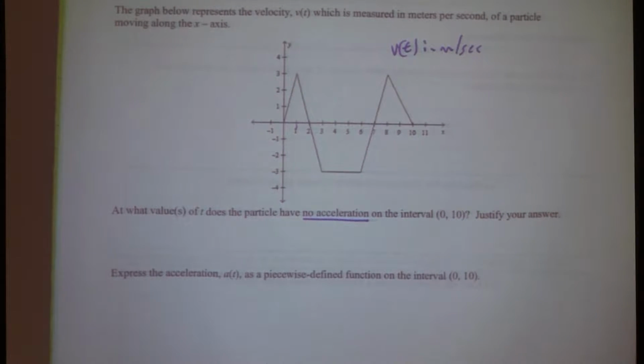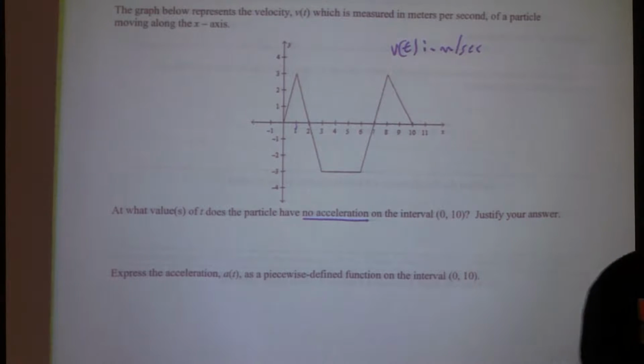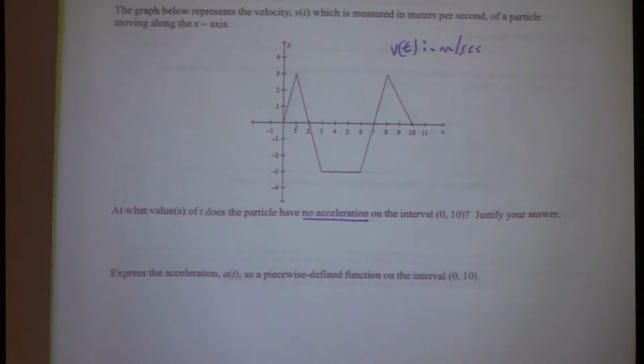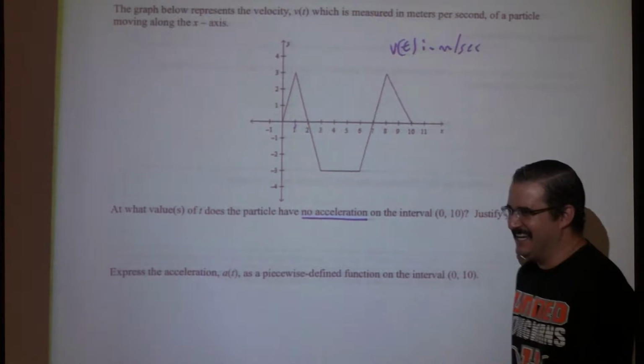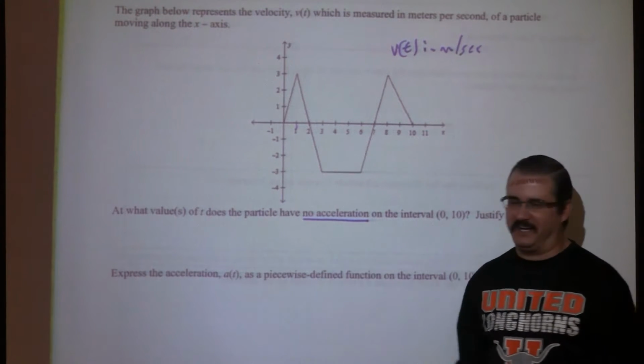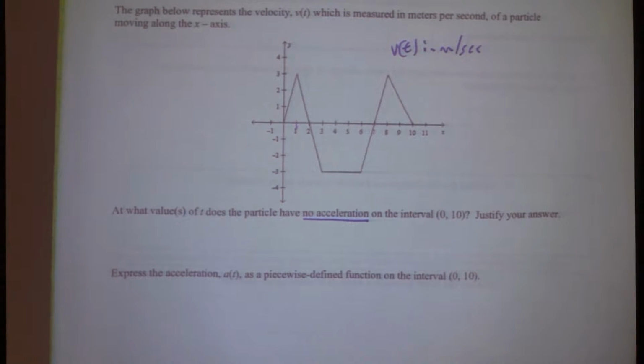But like, does the IVT guarantee a value? Has to? Momentarily? It just says has no acceleration. It didn't say the acceleration is 0. So would undefined also be good? Yeah.